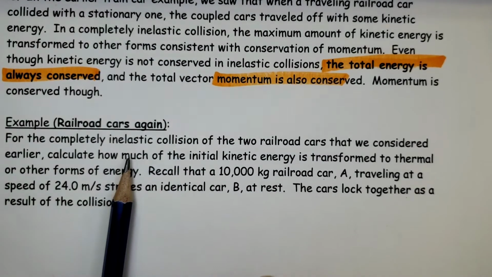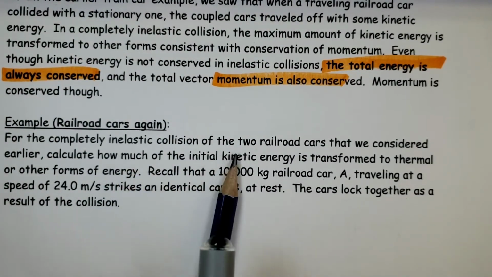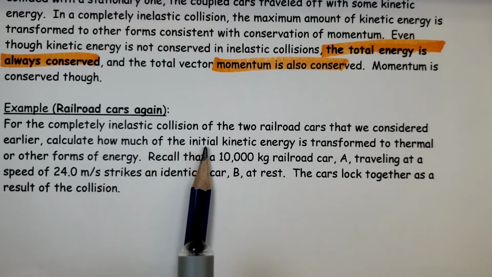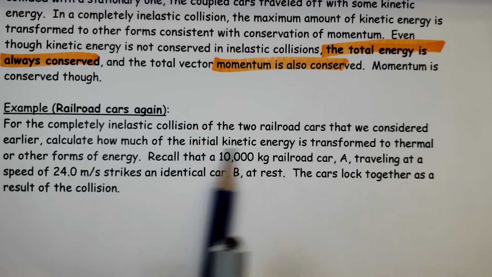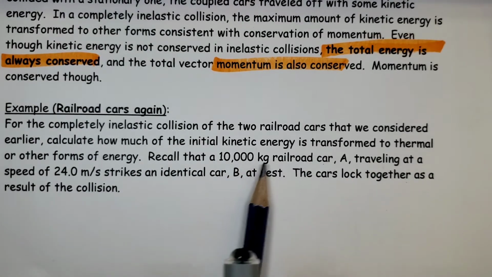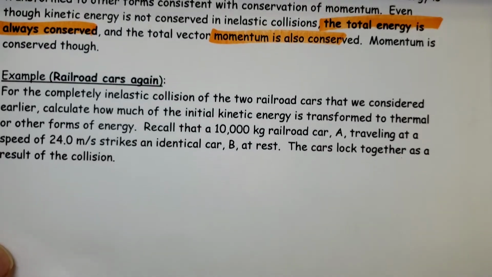So if we look at the railroad car example, for a completely inelastic collision of the two railroad cars that we considered earlier, calculate how much initial kinetic energy is transformed to thermal or other forms of energy. Recall that they were two 10,000 kg cars. A was traveling at 24 meters per second and B was at rest, and then they locked together.